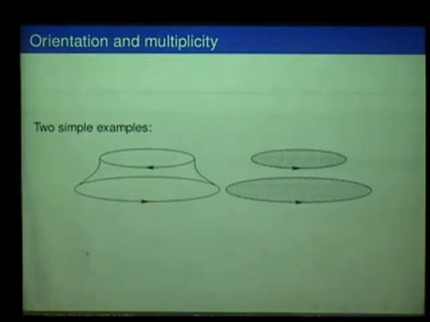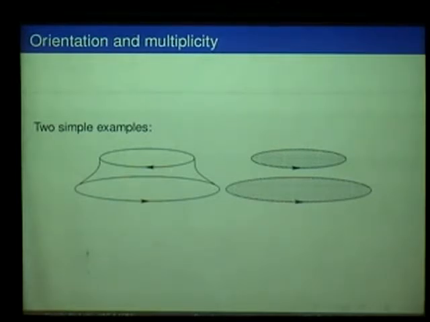Okay, as it is very well known, especially to a lot of experts in the audience, if the two circles are sufficiently close, the minimizer of the area among all surfaces which bound these two circles is a surface like this, which is in fact a piece of a catenoid.